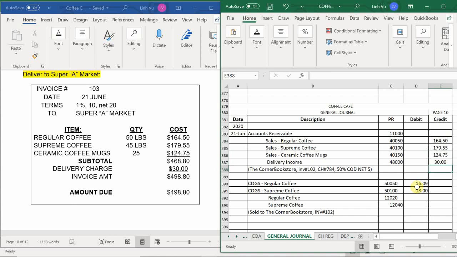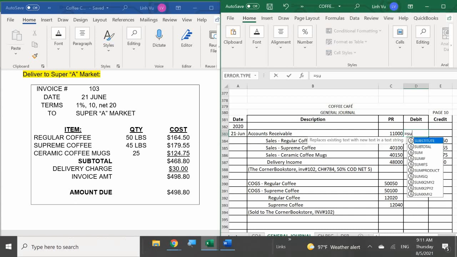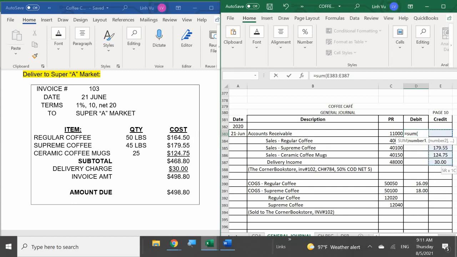Okay, so then I'm just going to make a quick and simple formula so I don't have to double up again, to see if each of my debits match my credits. And I get 498.80, which is correct. Right? Good.